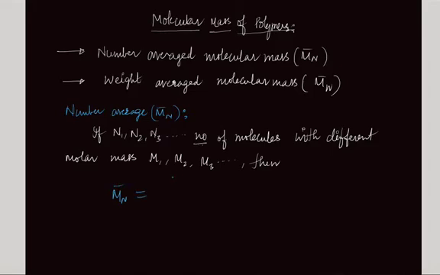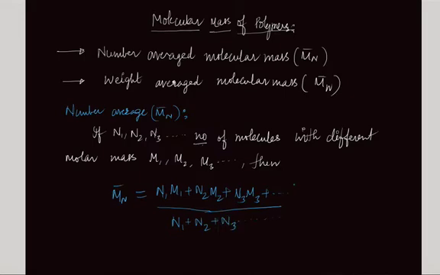then we define this average, which I write as Mn bar, is equal to n1 m1 plus n2 m2 plus n3 m3 and so on, and that we divide by n1 plus n2 plus n3 and so on.